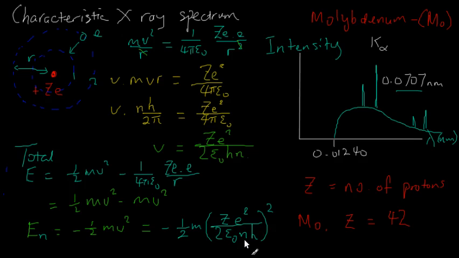So we know all this. And n would be 2 or 1. So we need to use n equals 2 and then n equals 1 to calculate the E2 and E1, the energies of the two orbits, and then subtract them. And if we do that, we would get the photon energy emitted.